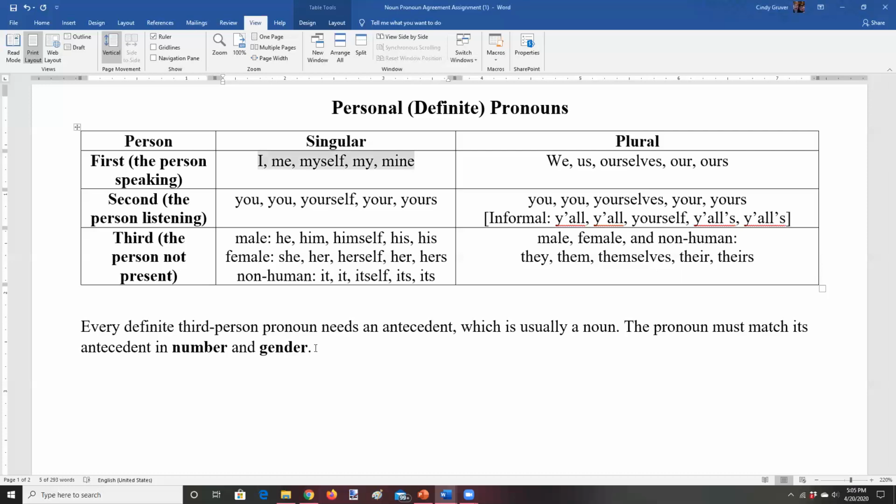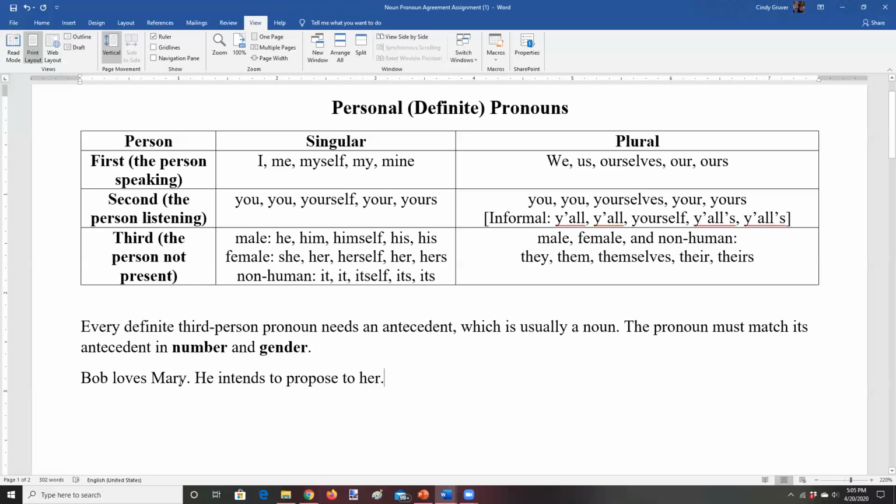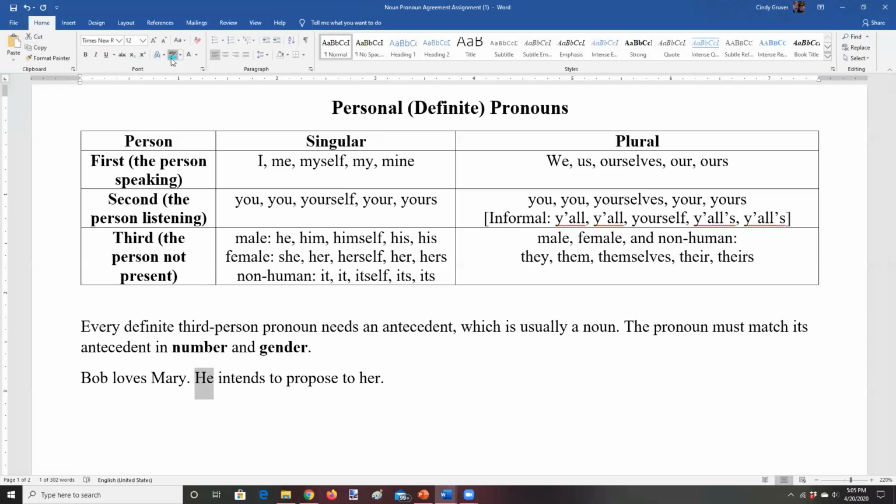So here's an example of this. Bob loves Mary. He intends to propose to her. So we see two pronouns here. Bob, we'll put Mary in pink, stay with the gender stereotypes.